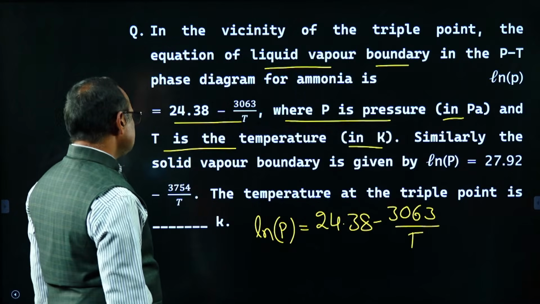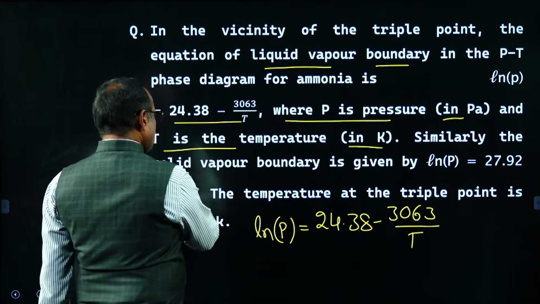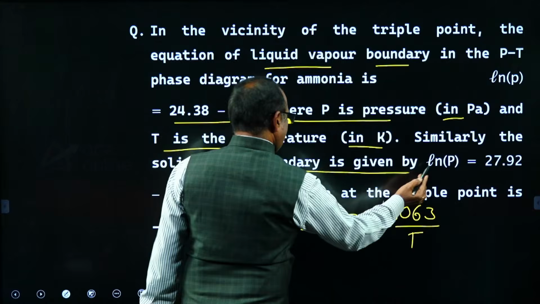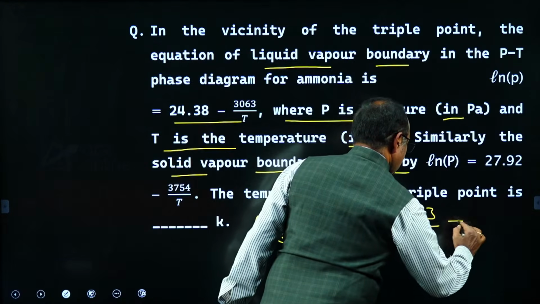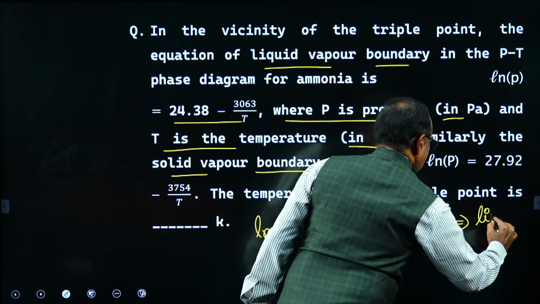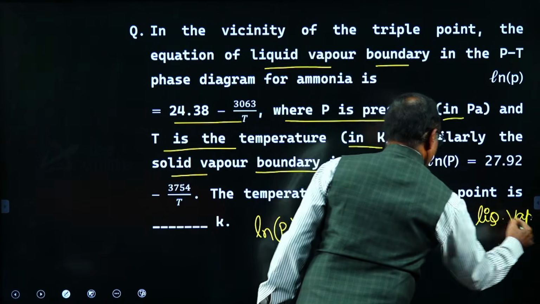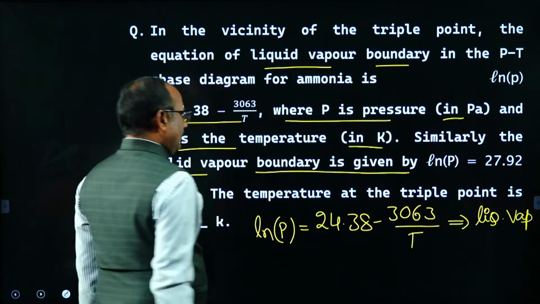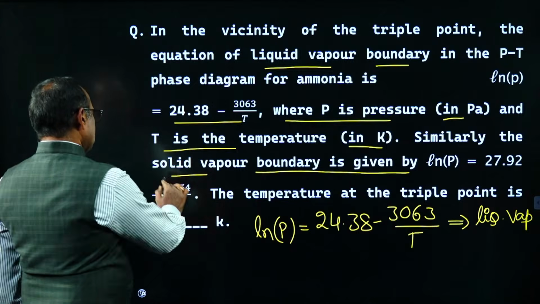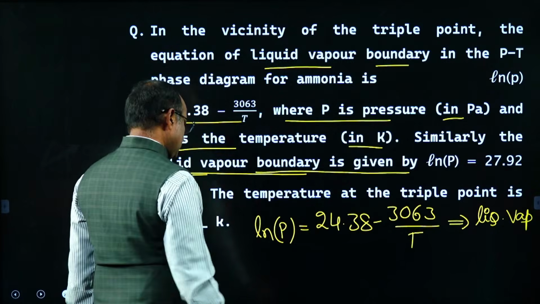Next, another condition is given for the solid vapor boundary.